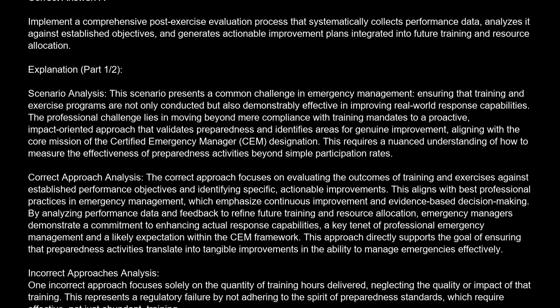By analyzing performance data and feedback to refine future training and resource allocation, emergency managers demonstrate a commitment to enhancing actual response capabilities, a key tenet of professional emergency management, and a likely expectation within the CEM framework. This approach directly supports the goal of ensuring that preparedness activities translate into tangible improvements in the ability to manage emergencies effectively.